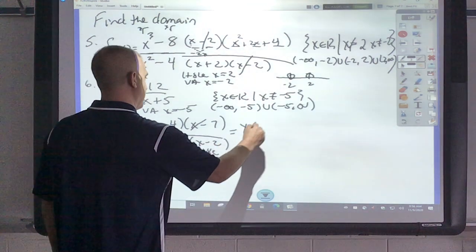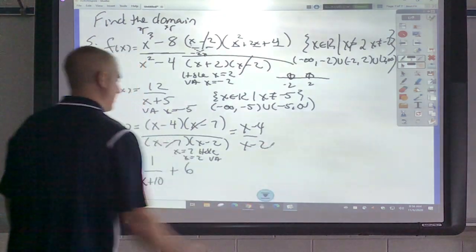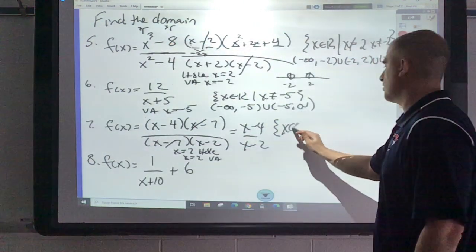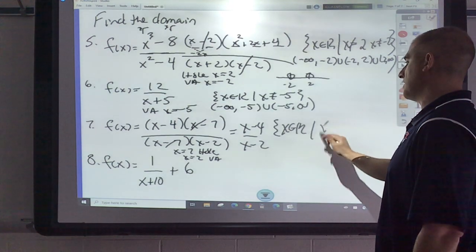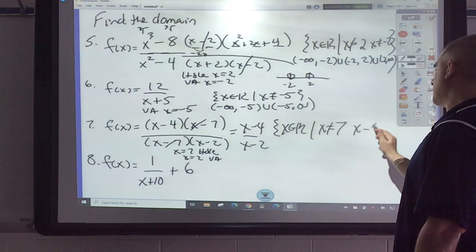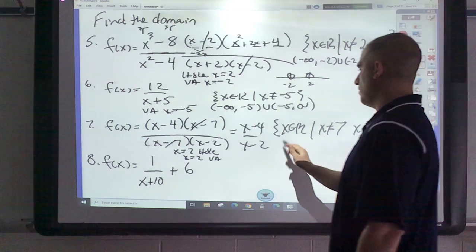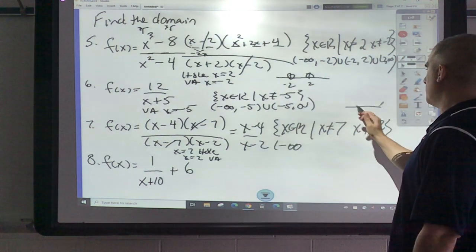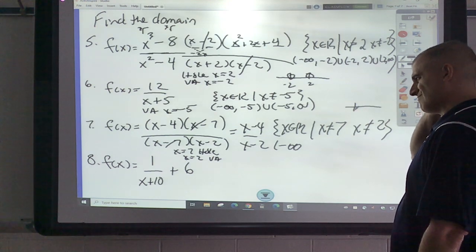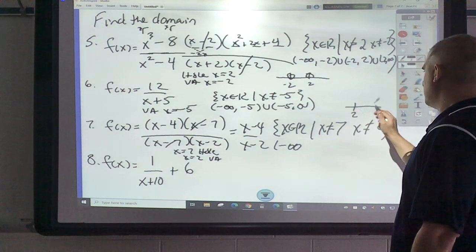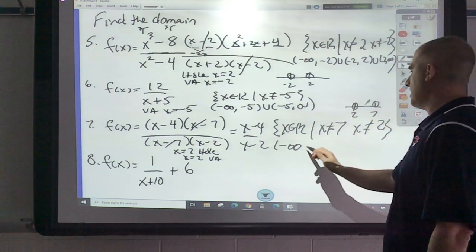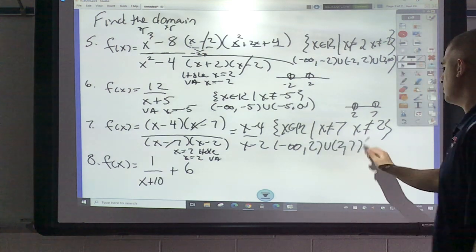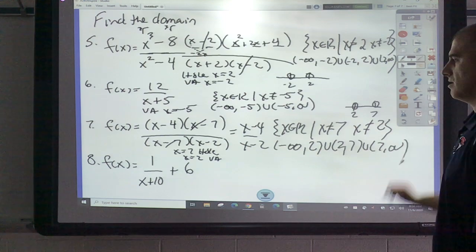So x is an element of all real numbers such that x can't be 7, x can't be 2. Or if you wanted interval notation, that number line would have 2 and 7, so -infinity to 2, union 2 to 7, union 7 to infinity.